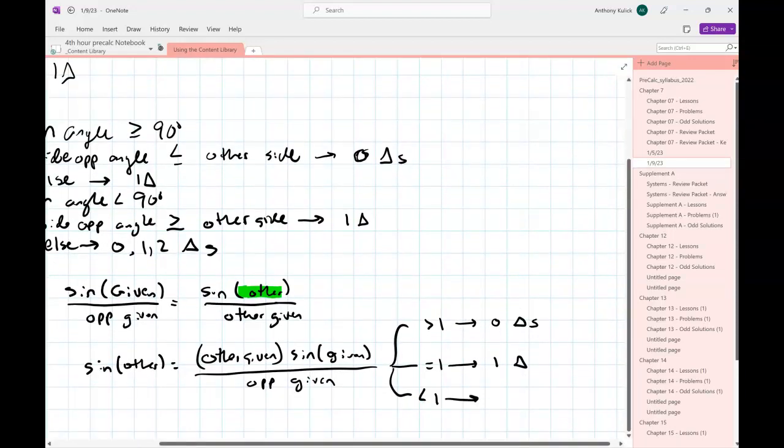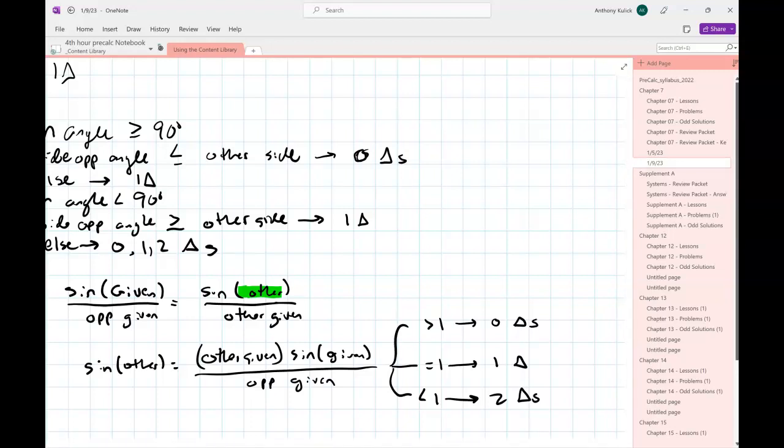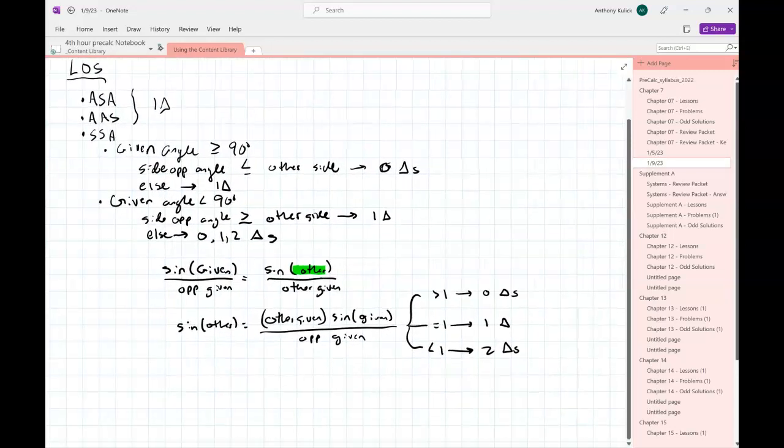And if that number is less than 1, you get 2 triangles. So that's just kind of a summary of what we did on day 1. That's the 5-minute summary, because we've already talked about this once through. But it's kind of all in one place, which is nice, I guess.